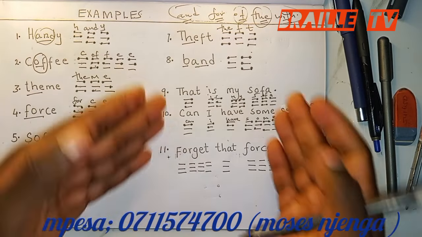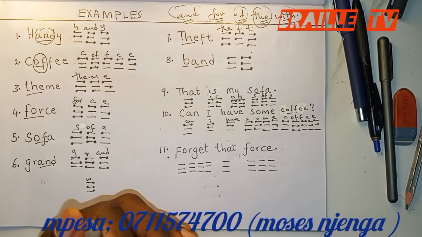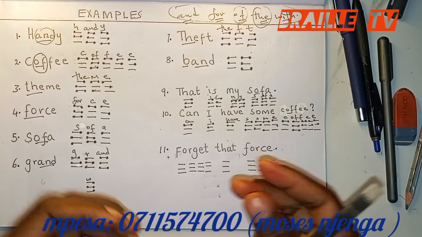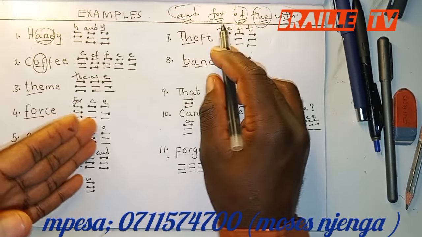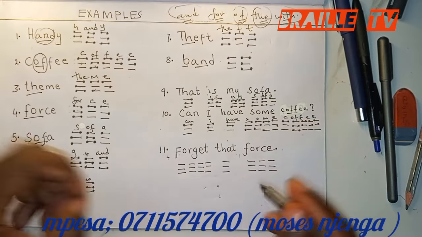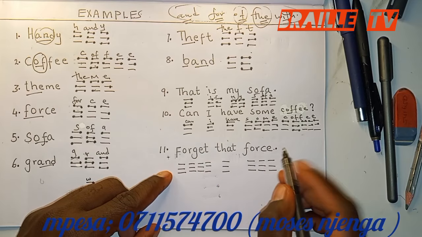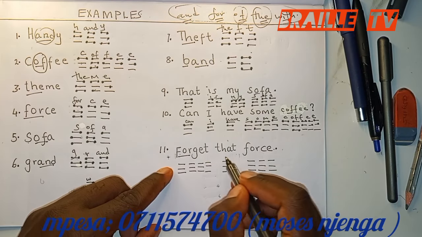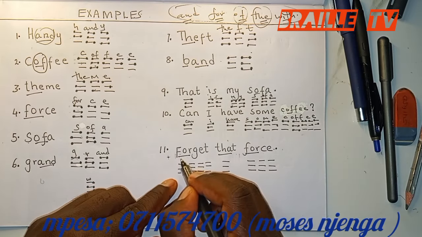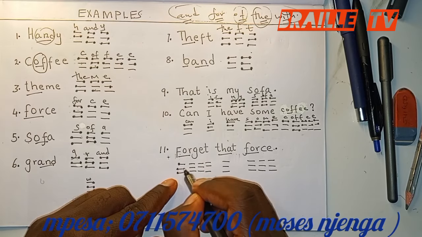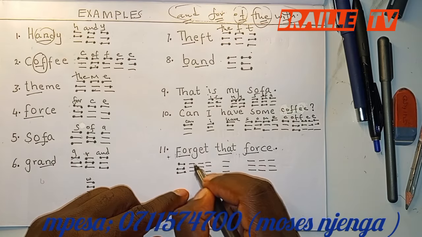Forget that force. Remember, these are just my own sentences. I've come up with them so that we can see practically how we can use this and, for, of, the, with as group signs. Okay? Forget that force. So forget, you contract for, that you contract that, and then force you contract for. Good. So forget, for, missing none. Then get, you spell out.